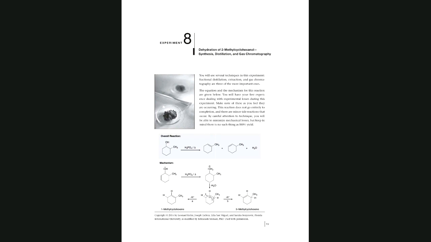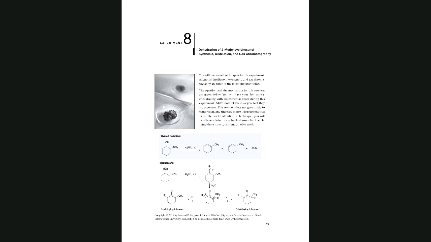Because if you don't have the carbon-carbon double bond, neither the bromine nor the permanganate is going to work. And if we have the carbon-carbon double bond, both of them would give a positive test result. So we can prove that we do have the product.